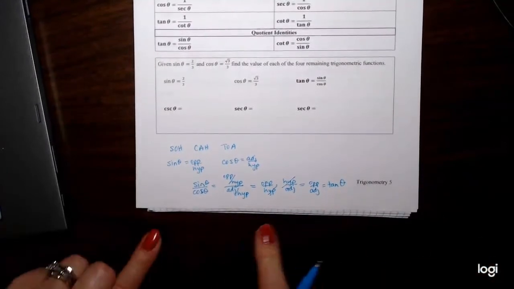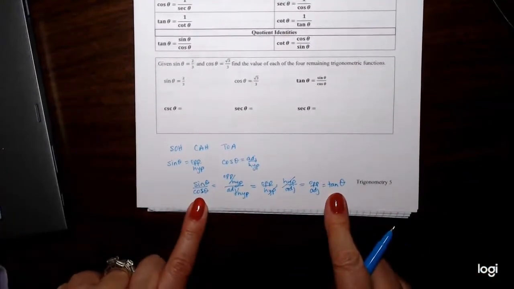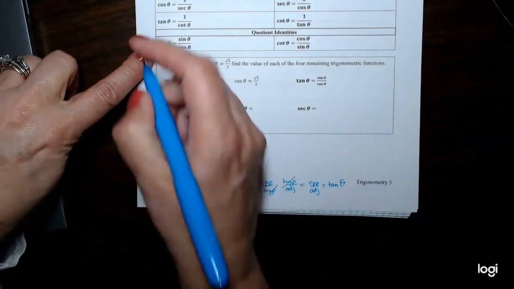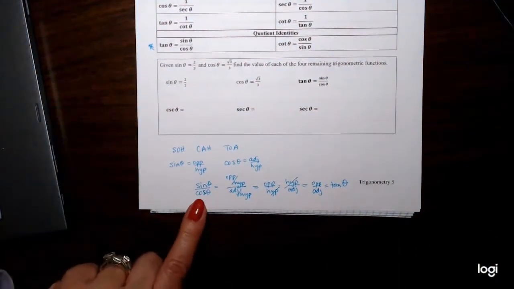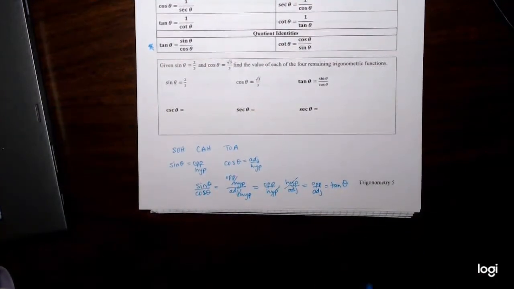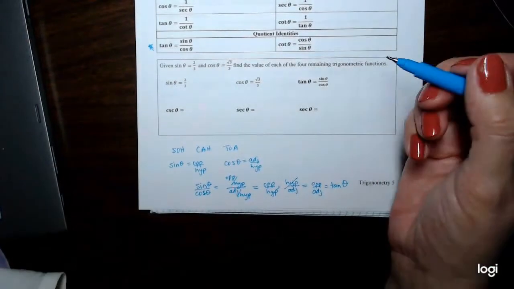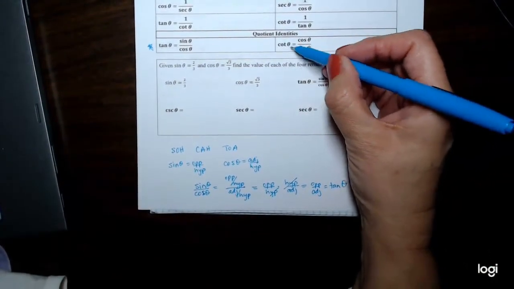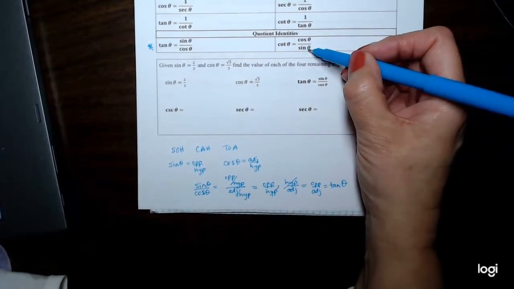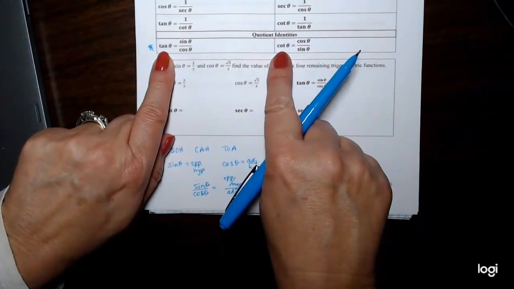So I just proved to you that this is an identity: sine divided by cosine is another name for tangent. So here is this rule, that tangent of theta is the same thing as sine theta over cosine theta. Cotangent would be cosine over sine, because tangent and cotangent are reciprocals.